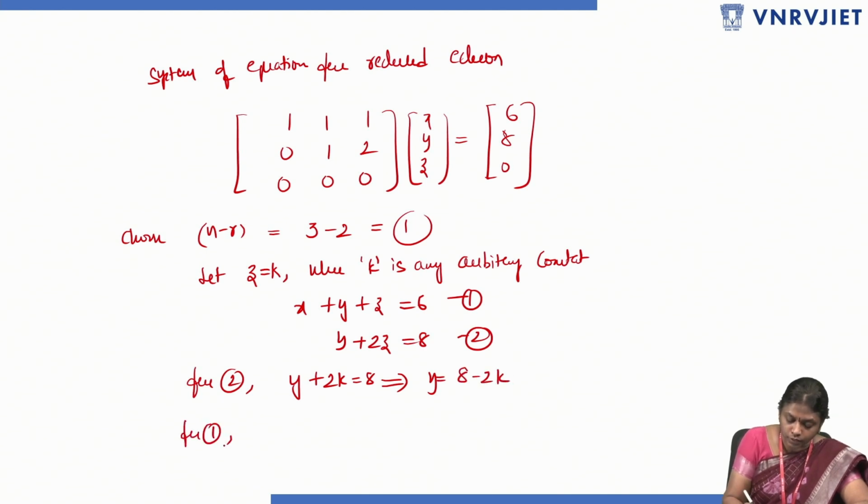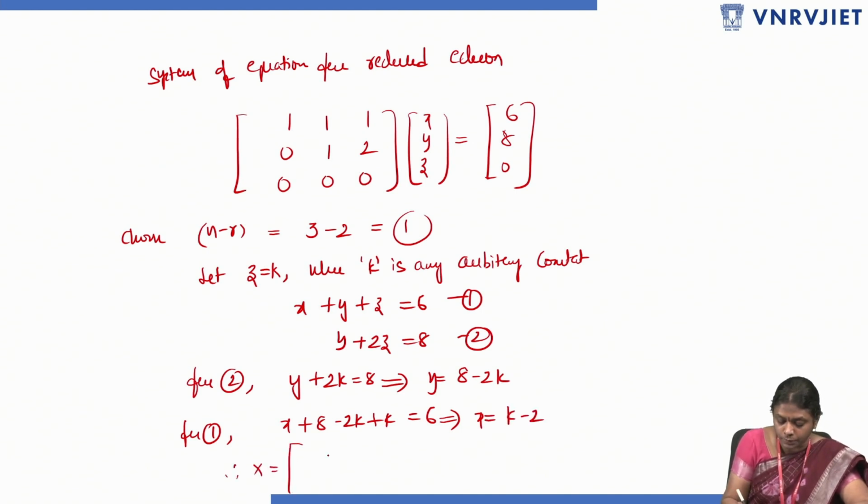And from equation 1, x plus 8 minus 2k plus k is equal to 6, that implies x is equal to k minus 2. Therefore, the solution vector X, which is x, y, z, is equal to k minus 2, 8 minus 2k, and k.